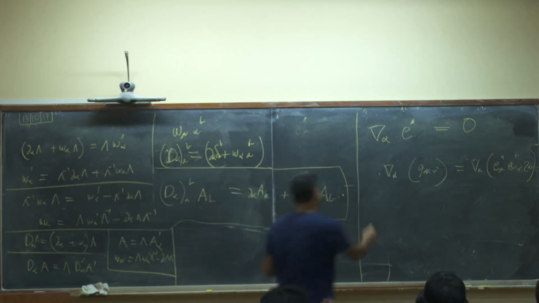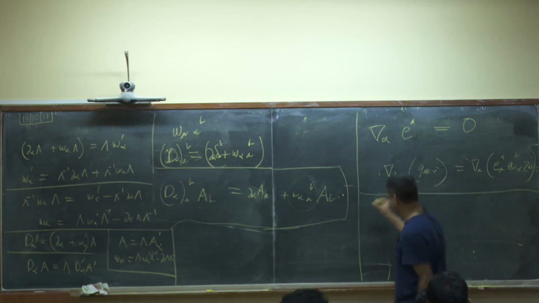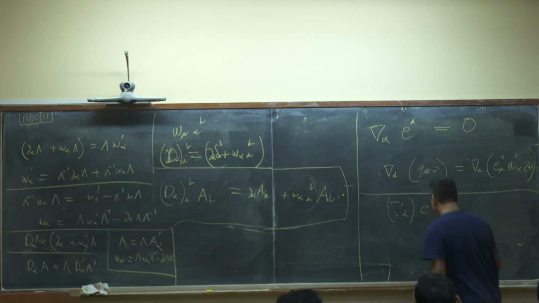Okay, let me just do it. It's clear, right? So let's take del alpha of E. You won't scold me if I write indices, just to make it clearer.